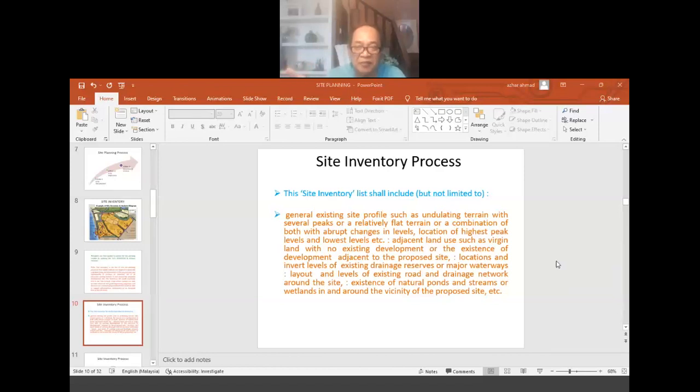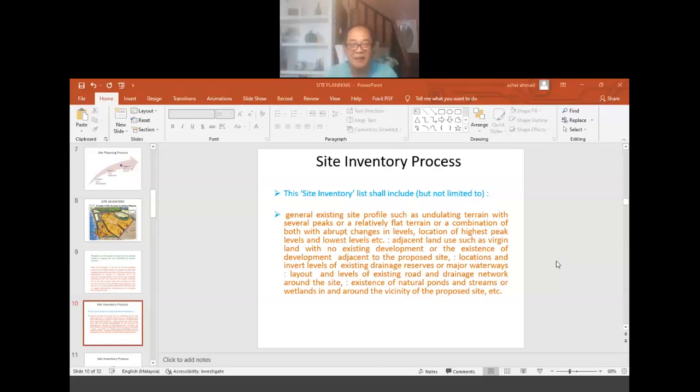Then land use. Are there any existing land use adjacent to the proposed development? Then maybe there are existing roads or existing drainages around the site. So these are all the list. These are the components of what is termed the site inventory process.